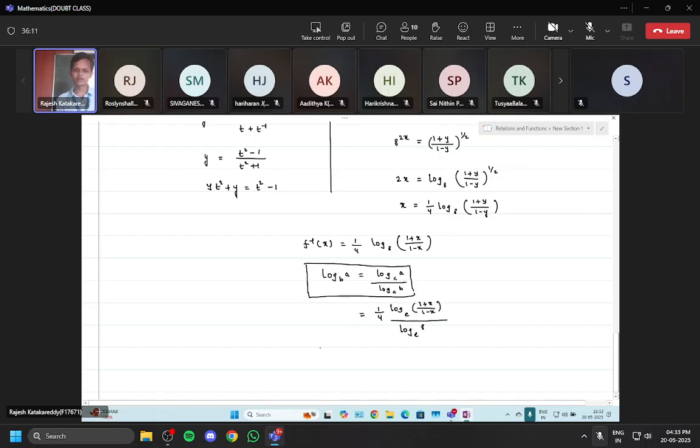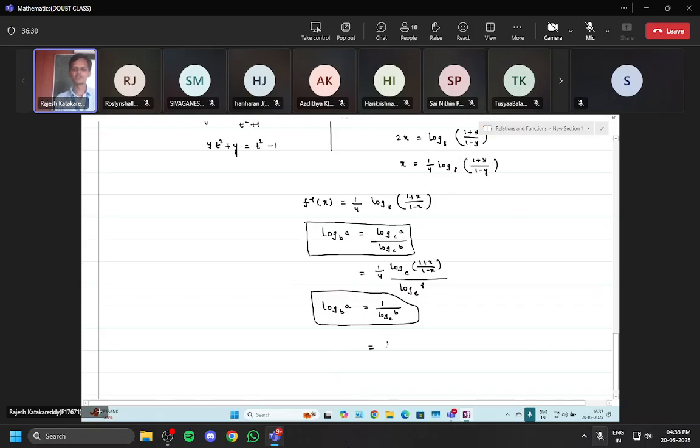Now another property of logarithm I'll use: when I have log a base b, I can write this as 1 by log b base a. In the denominator I apply this, so it becomes 1 by 4 into log e base 8 into log of (1 plus x) by (1 minus x) base e. This is the inverse of the function, that is option number 2.